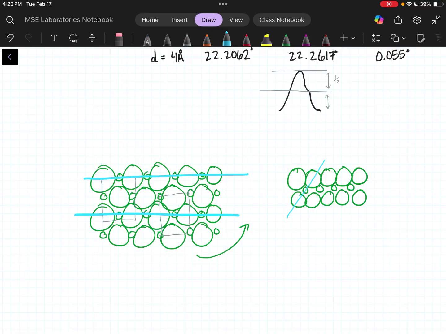So if I were to turn this around, now my blue lines are like this. So I've tilted it upwards. But those purple lines from earlier are now horizontal.